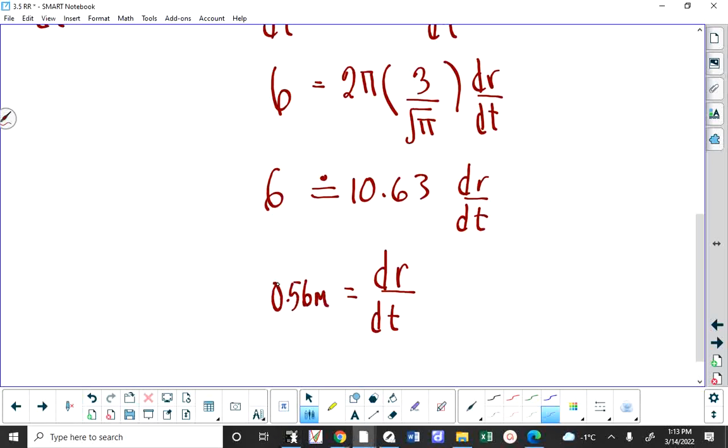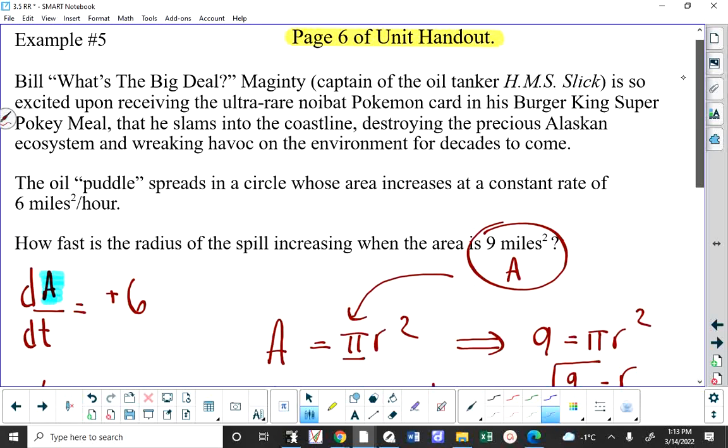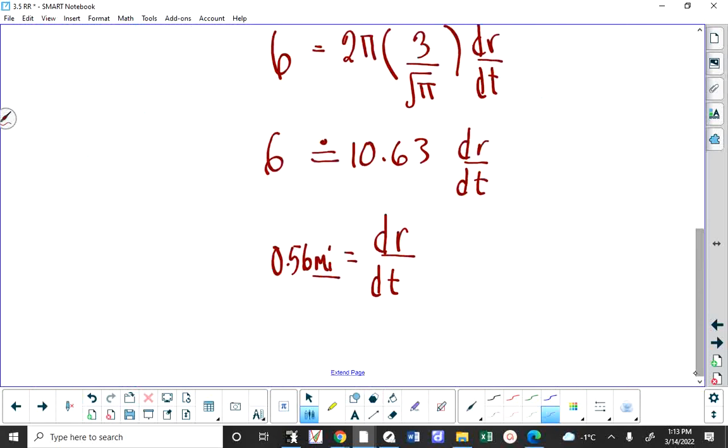And this would be miles per hour. I just had to go back and look at what we had for the units of dA/dt.